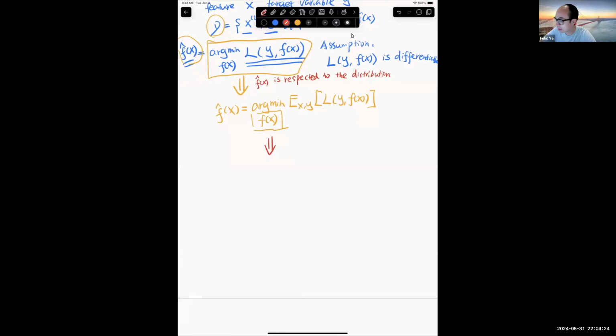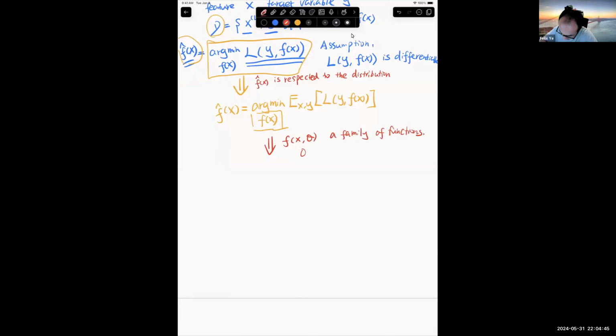But right here we assume this f(x) has some parameter theta. So a family of functions. This is some parameter that we can learn here.